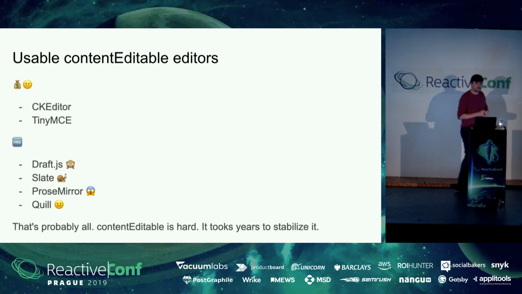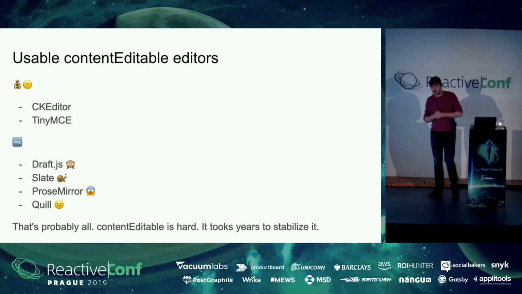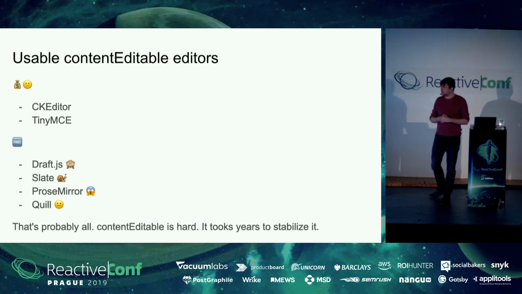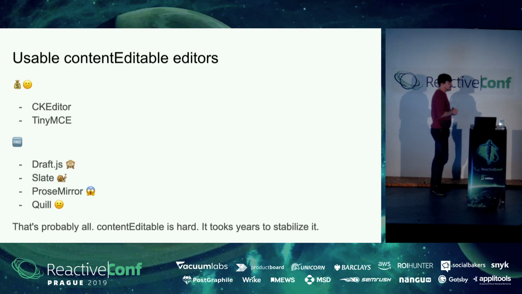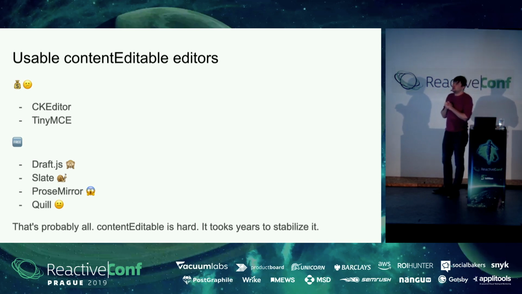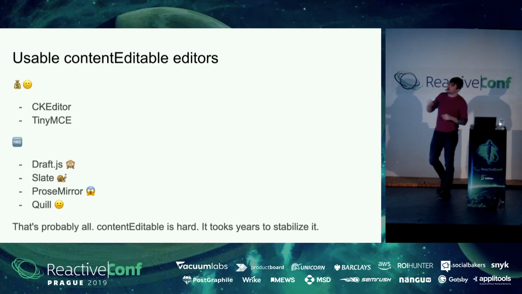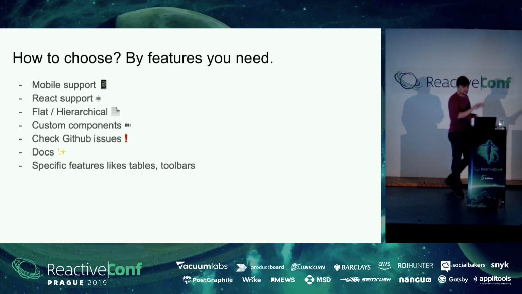The last one I could recommend is Quill, which is another free open source editor. It's probably the most popular nowadays, but still it's somehow limiting. So I would be very surprised if there were any other editors than those I mentioned.